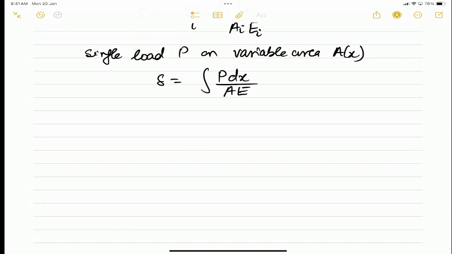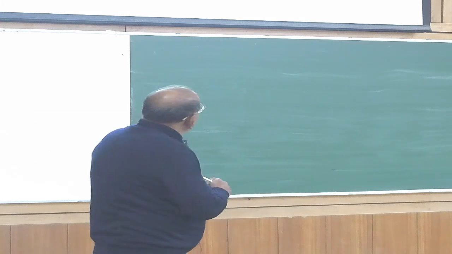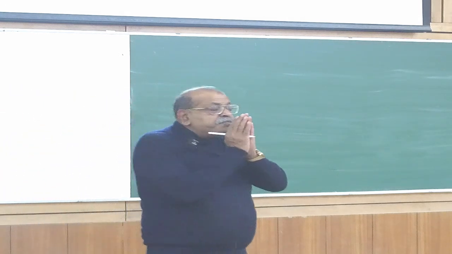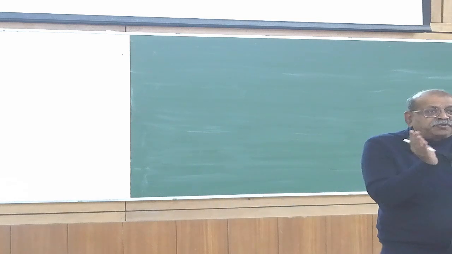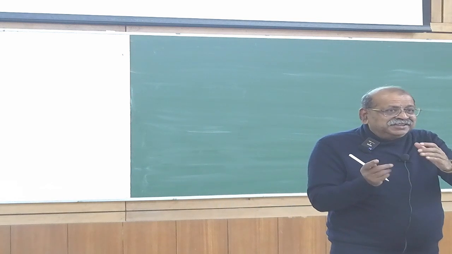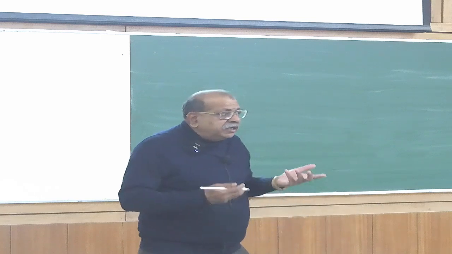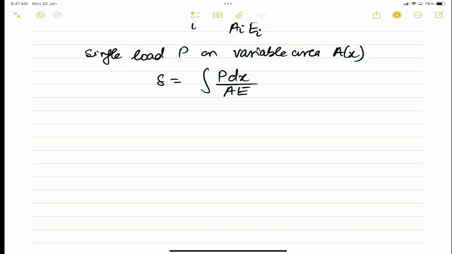But there are certain problems which are statically indeterminate. In those problems, there will be a constraint which the geometry will offer. So there we'll find the relation delta is equal to PL upon AE, and then match the geometrical deformation compatibility with these relations, and that is how we'll be able to solve statically indeterminate problems. Let's see how.